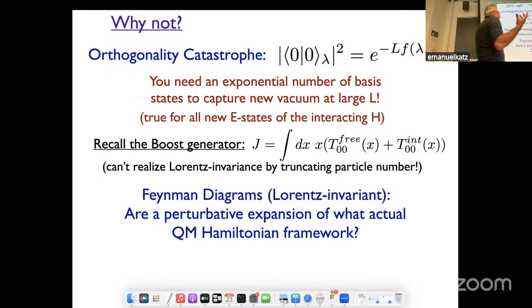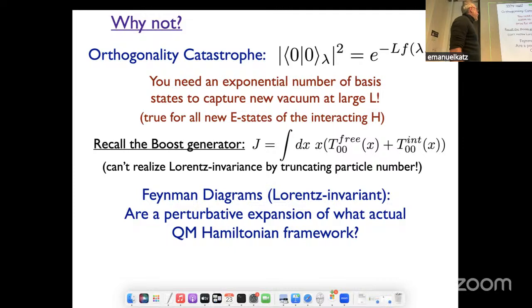And so you might ask yourself, okay, but I've been taught that Feynman diagrams are just a very clever reorganizing of perturbation theory in a way that makes Lorentz invariance manifest. But here we're seeing that they're not really the perturbative expansion of the standard Hamiltonian treatment.